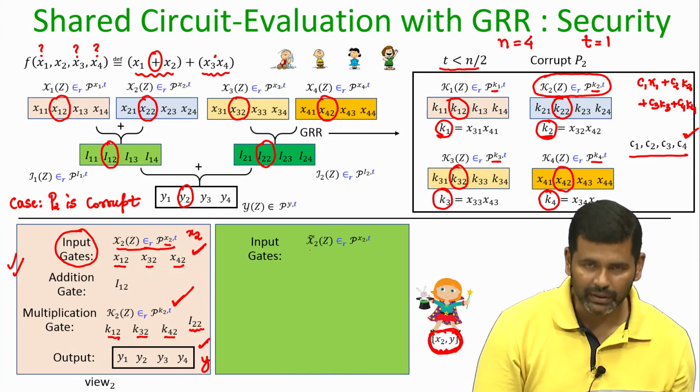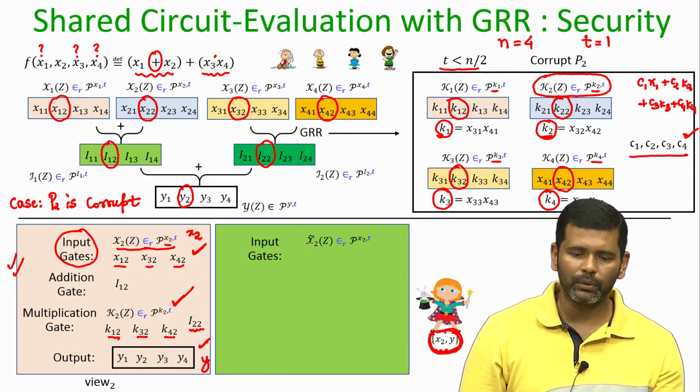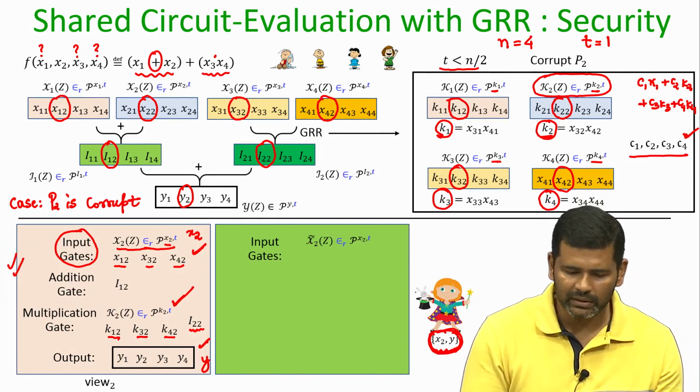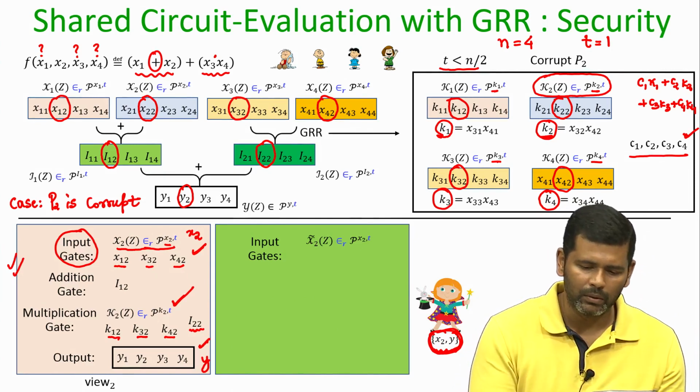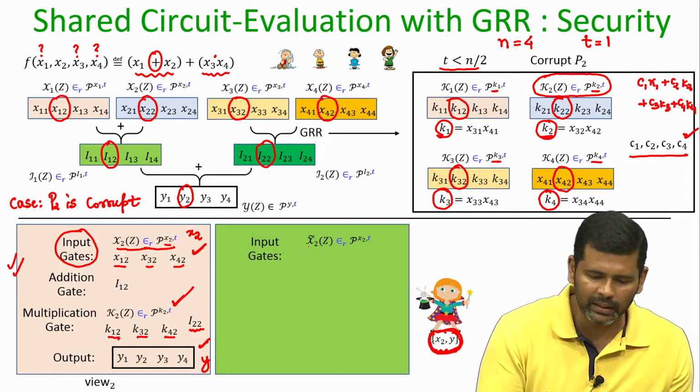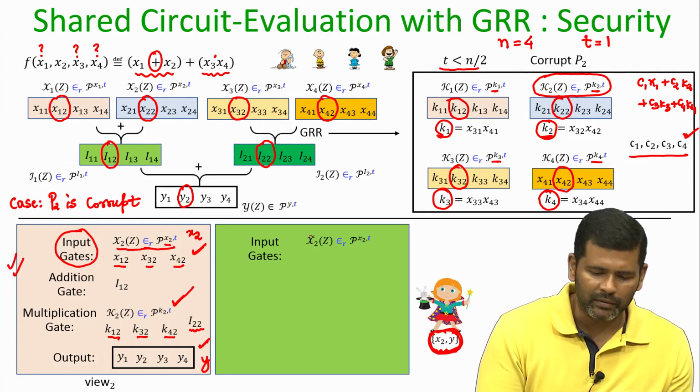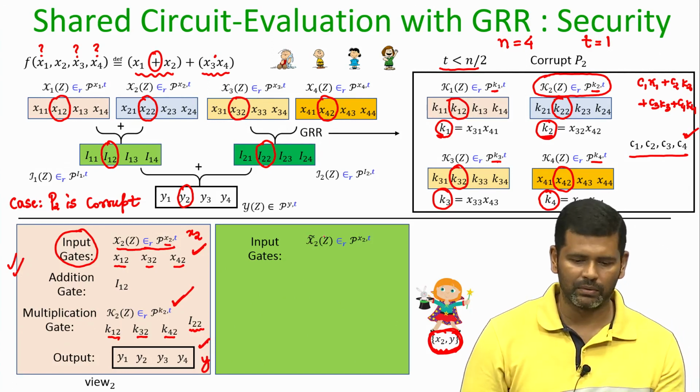For the sharing polynomial picked by P2, the simulator just writes down a random t degree polynomial whose constant term is x2. I am calling that polynomial this tilde fancy x2. Okay.